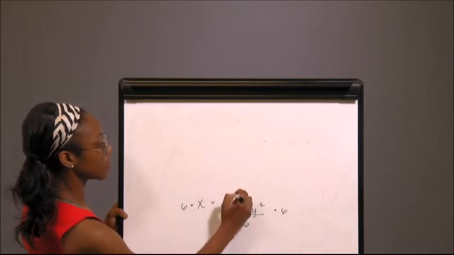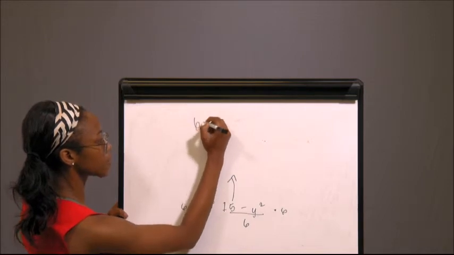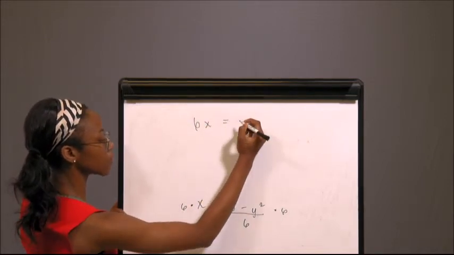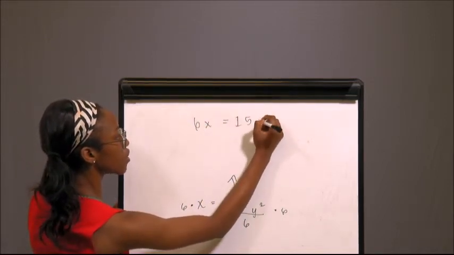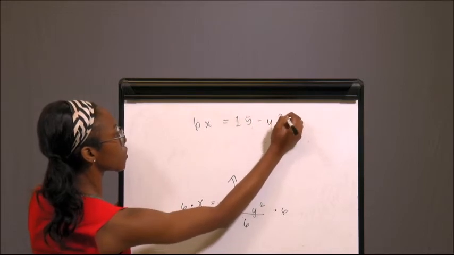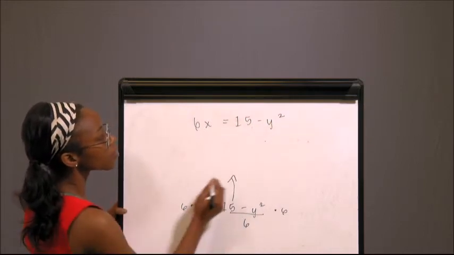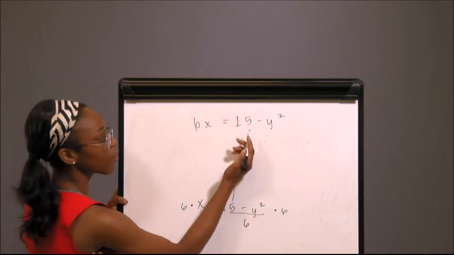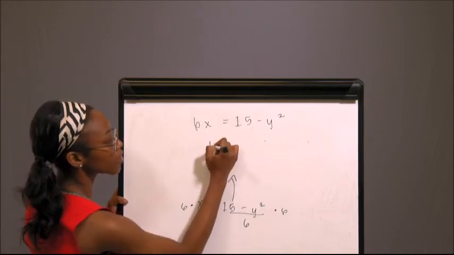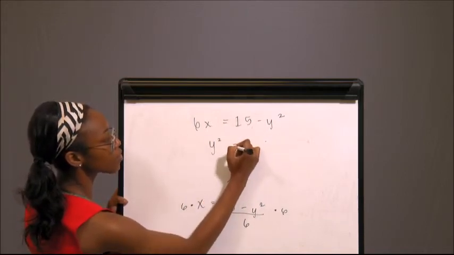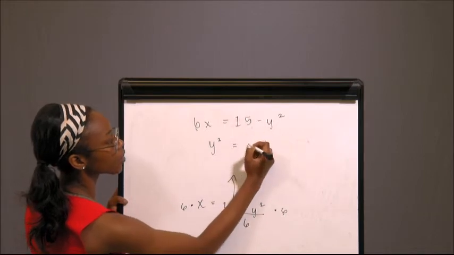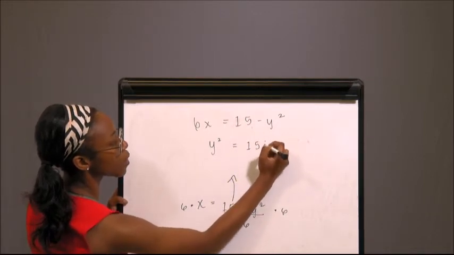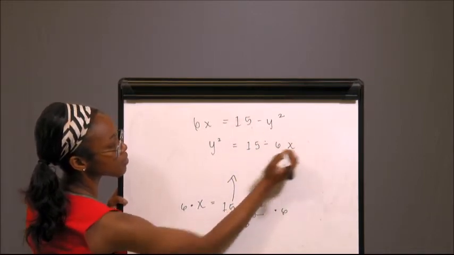So then we get 6x equals 15 minus y squared. We're trying to isolate y, so we're going to bring y squared over and make it positive. y squared equals 15 minus 6x.